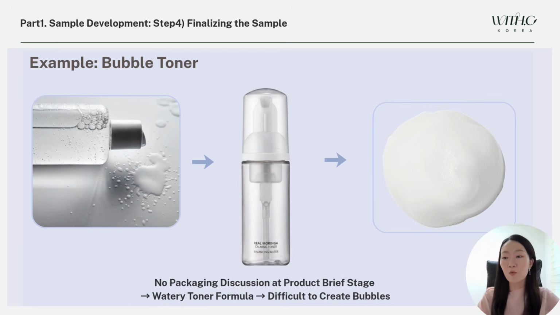Later on, once the bubble pump is selected, you may find that the foam quality doesn't meet your expectation. At that point, you will have to either reformulate the product to suit the pump or choose a different packaging that works with the existing formula, both of which add extra time and unnecessary revision.